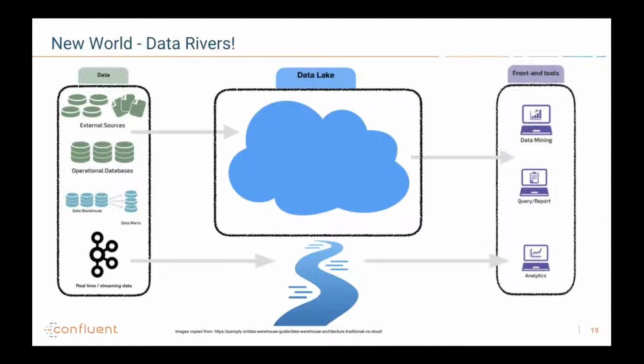I like to call this new type of architecture a data river, but the idea is that it's flowing in from your streams at the same time that it needs to be enriched or added to your lake, or just even queried at the same time.